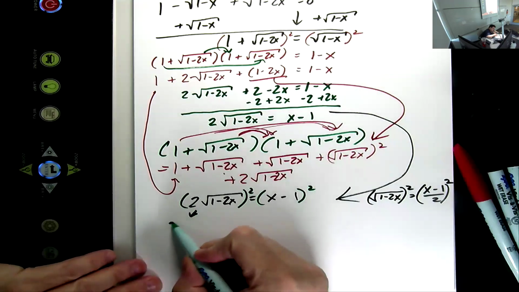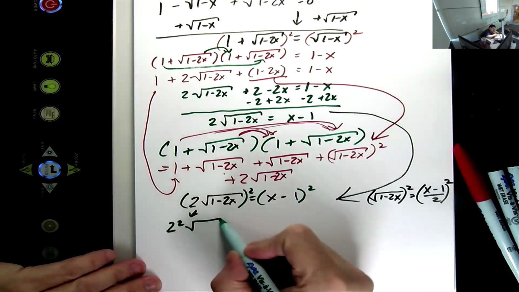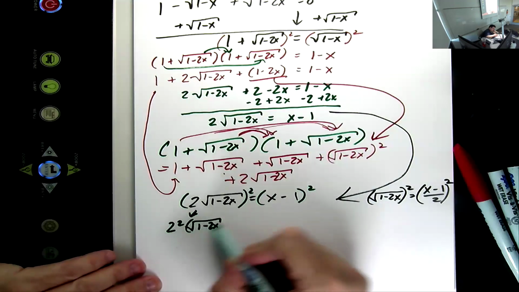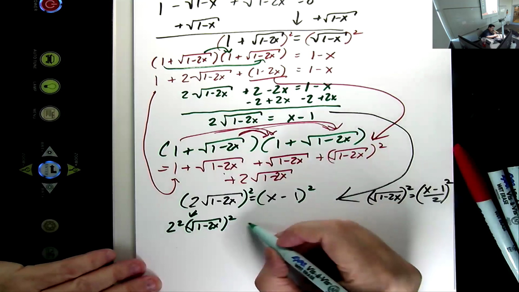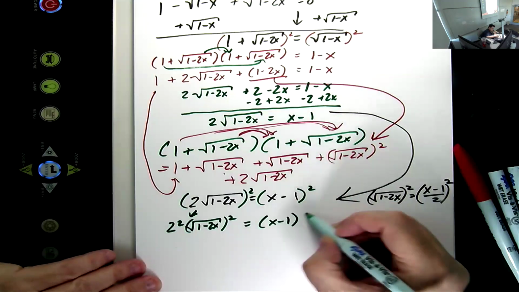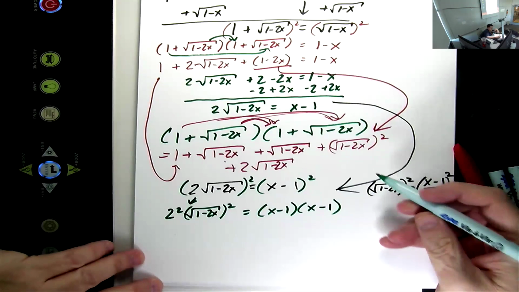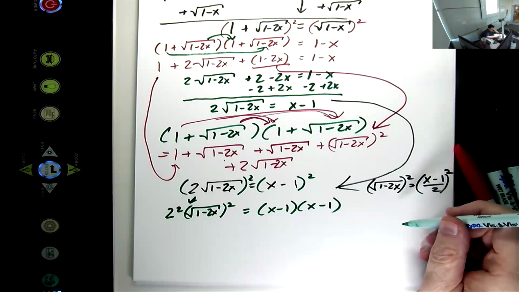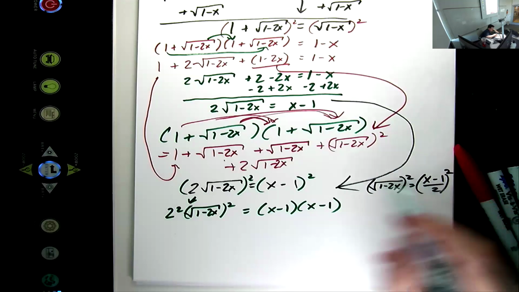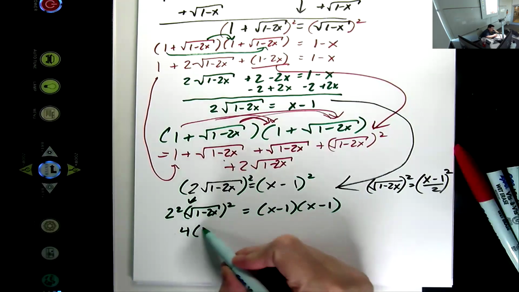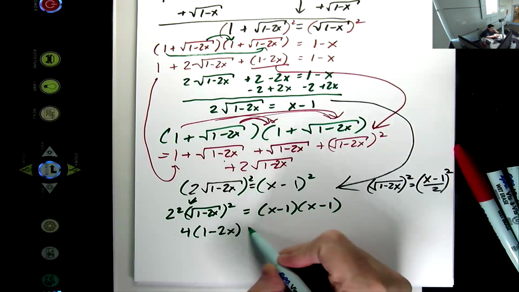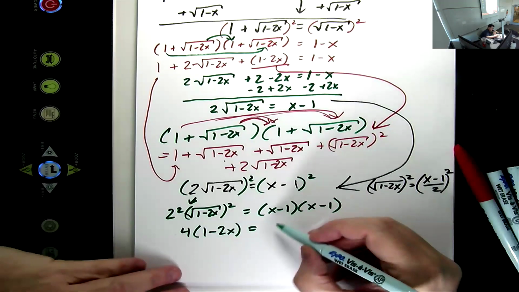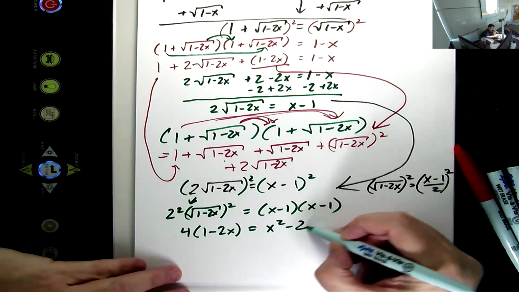This is 2 squared times square root of 1 minus 2x squared. This is x minus 1 times x minus 1. This is going to be 4 times 1 minus 2x. This equals x squared minus 2x plus 1.